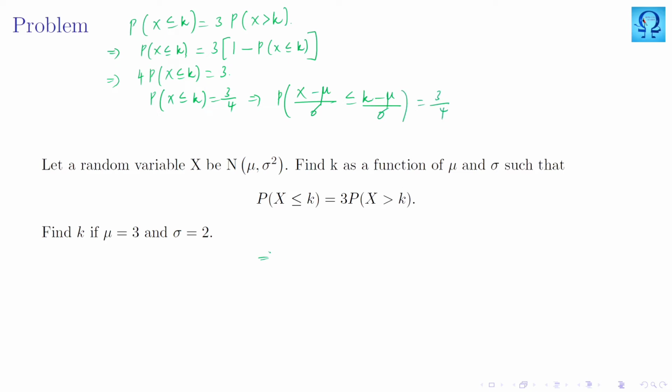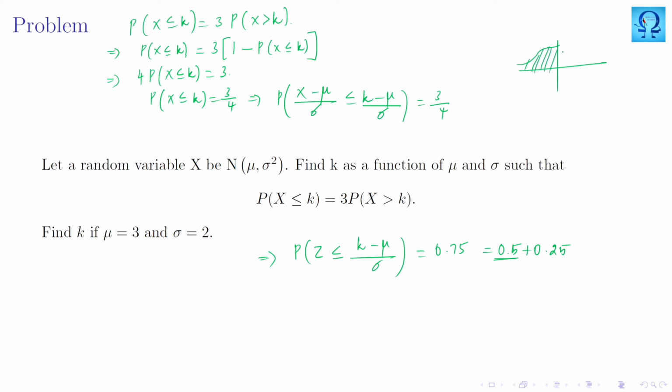So what we have is the probability of z less than or equal to (k minus mu) upon sigma is 0.75. If we have some probability which is more than 0.5, we split it as 0.5 plus the extra quantity. So this 0.5 is covered in this region.